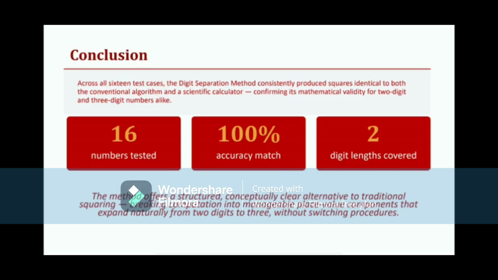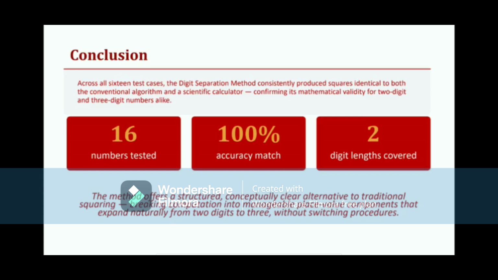So to conclude, this study evaluated the digit separation method as an alternative instructional strategy for squaring 2- and 3-digit numbers. As shown across all 16 test cases, the proposed method is consistent, yielding squares that are identical with results from both the conventional multiplication algorithm and a scientific calculator.